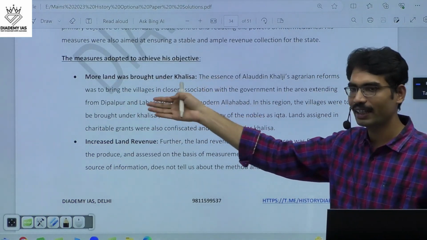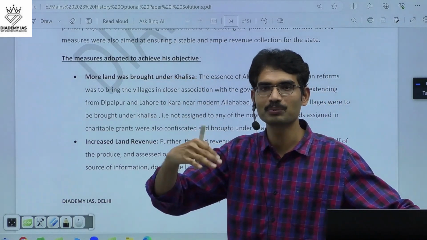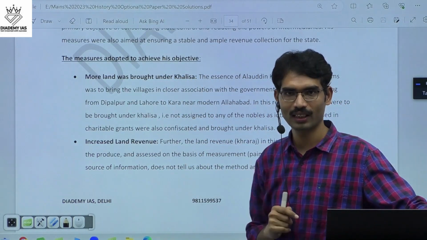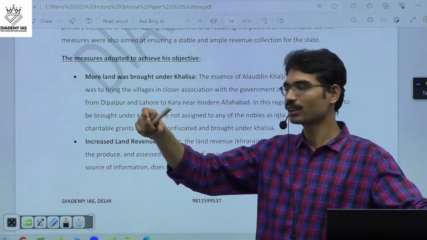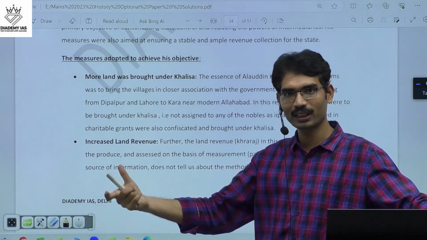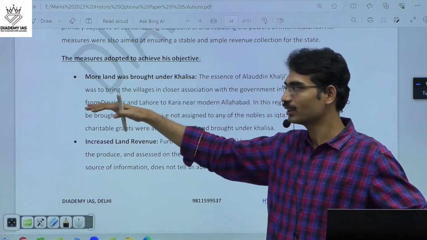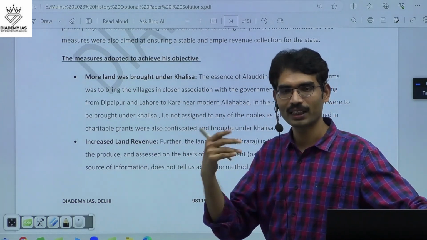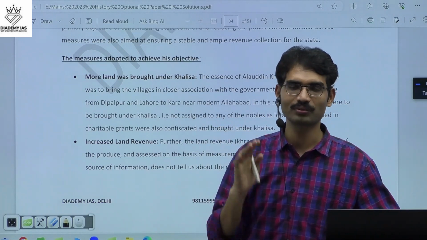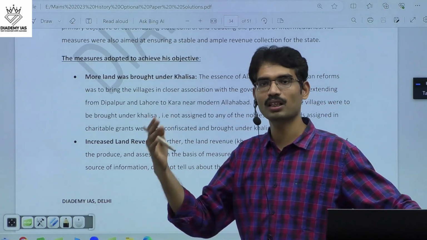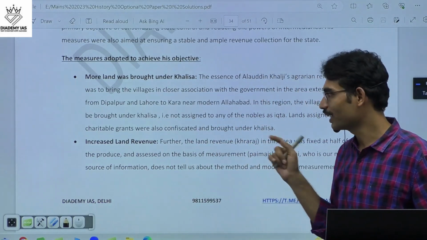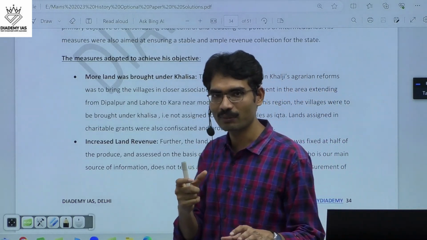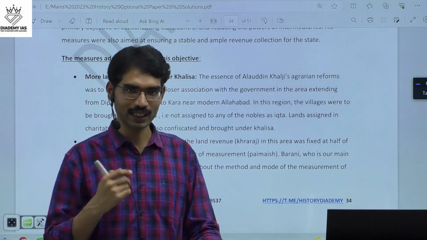That means the ruler himself decides what to do with the land. Land was not given to the intermediaries, but brought directly under the government itself. Increased land revenue, that is another one. He imposed 50% of land revenue on the peasants, and moreover, the intermediaries were also forced to pay the tax.